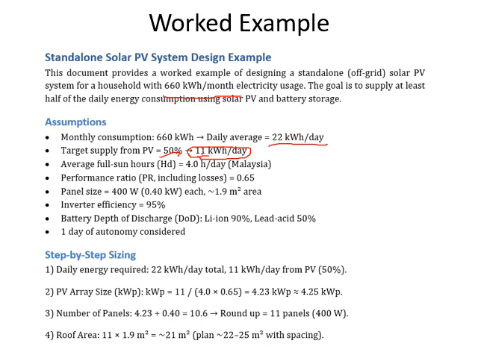Then the average full sun hours, those peak hours, is 4 hours per day in Malaysia. Performance ratio, that means it's depending on the losses, right? Losses due to different kinds of wiring and different connections. There are some losses. So for a standalone, I'm going for a standalone off grid.